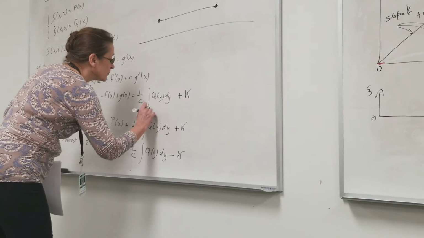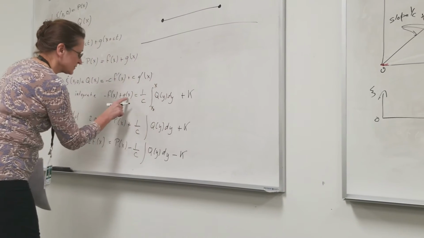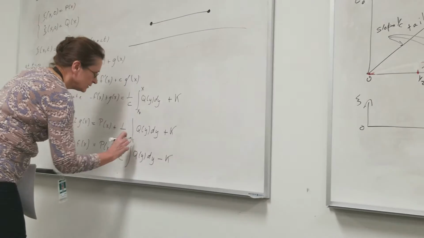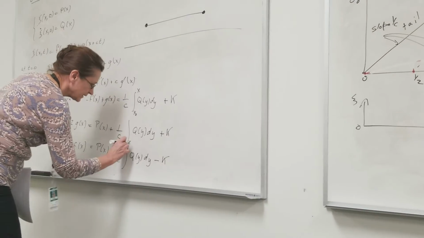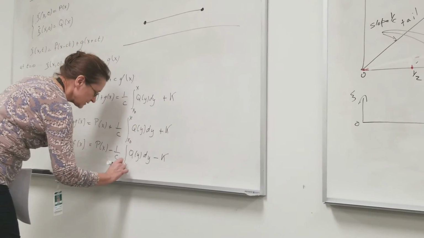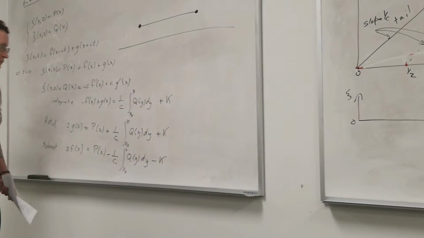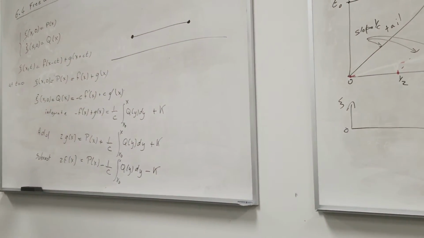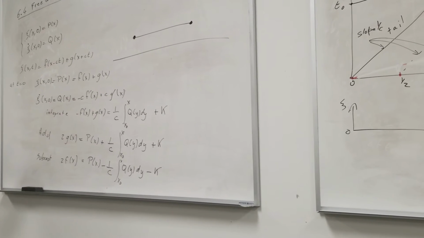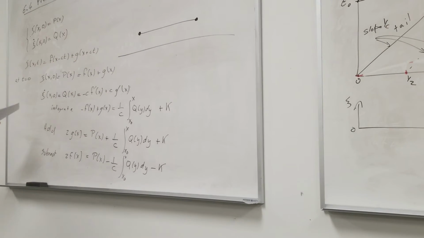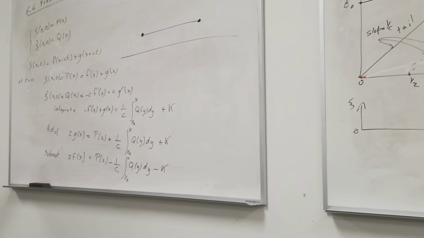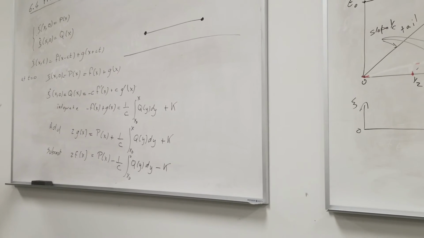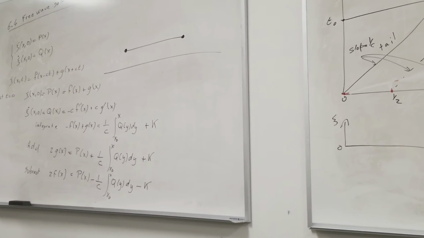It's between some point x0 and our point x, this point x here. So y is just a variable of integration. If you want to call it x, we can call it x.